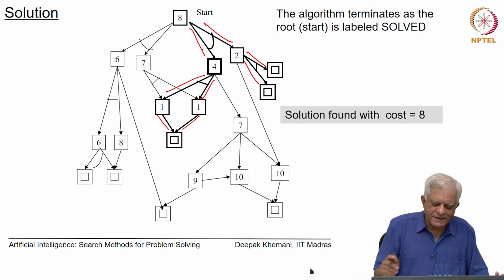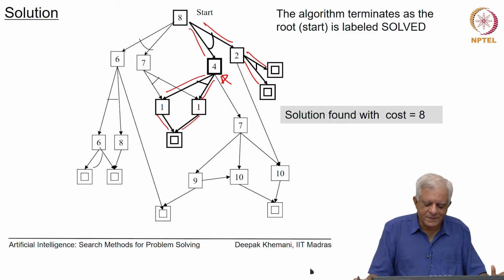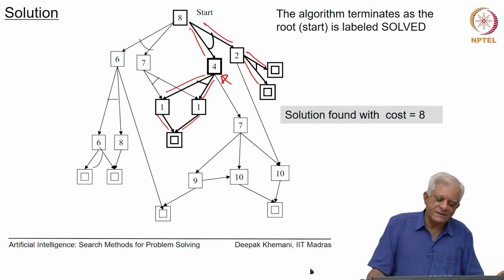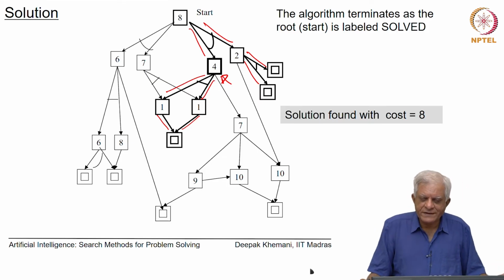So, you can see that except for the fact that this 4 that we see here was actually an underestimate, it had kind of committed to whatever it explored first and terminated rather fast.